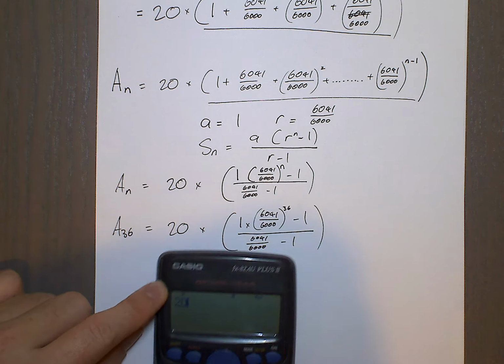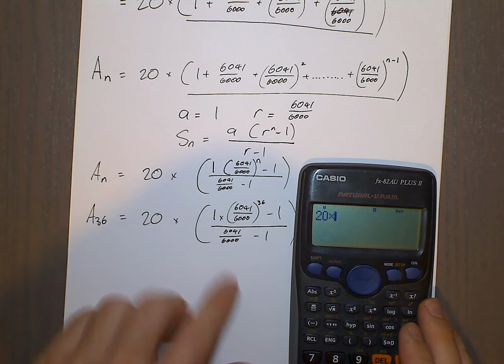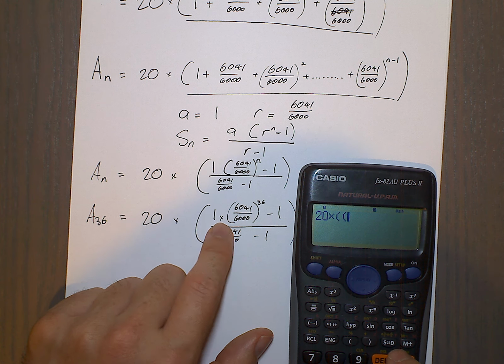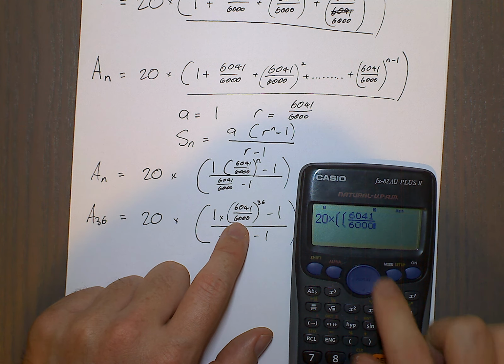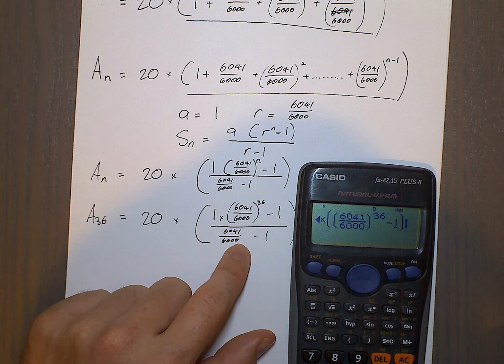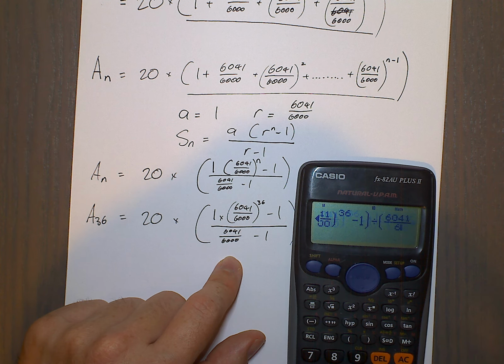20 times, let's put it to the side so you guys can see, bracket, I'm not going to times the 1 because it's going to be the same, 6041 over 6,000, close bracket, to the power of 36, minus 1, close bracket, divided by, open bracket, 6041 over 6,000.